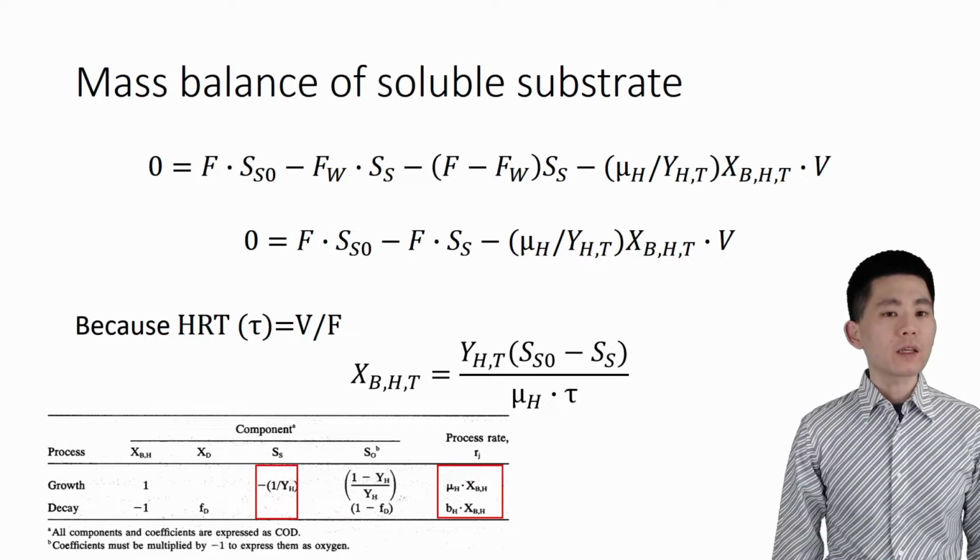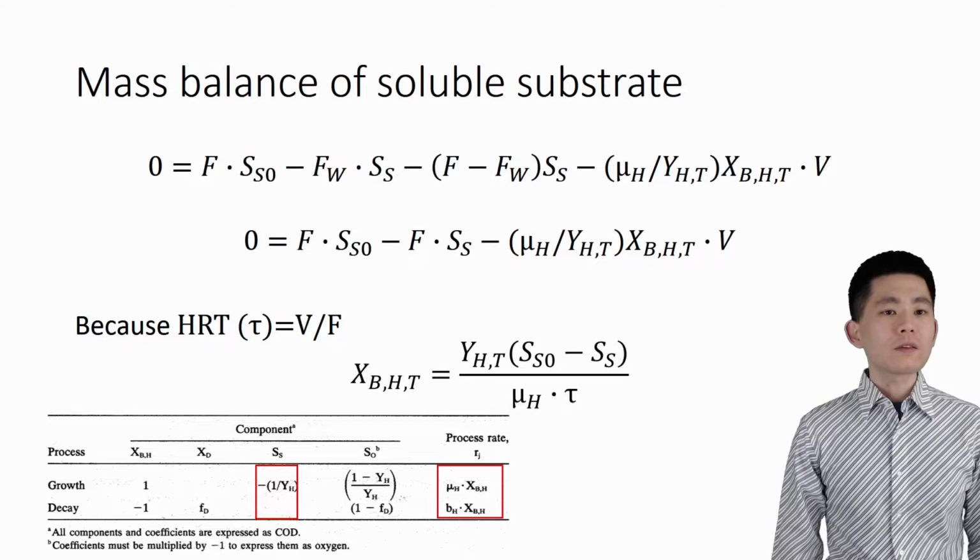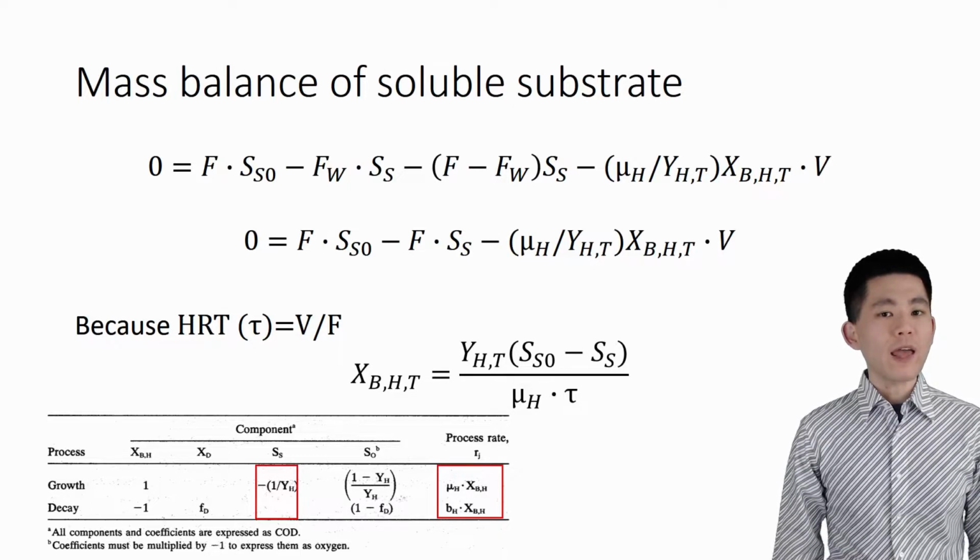After simplifying, we know that HRT is V over F, so we can further transform it by dividing both sides by F. This gives us the expression for active biomass concentration from substrate reduction, yield, specific growth rate, and HRT.